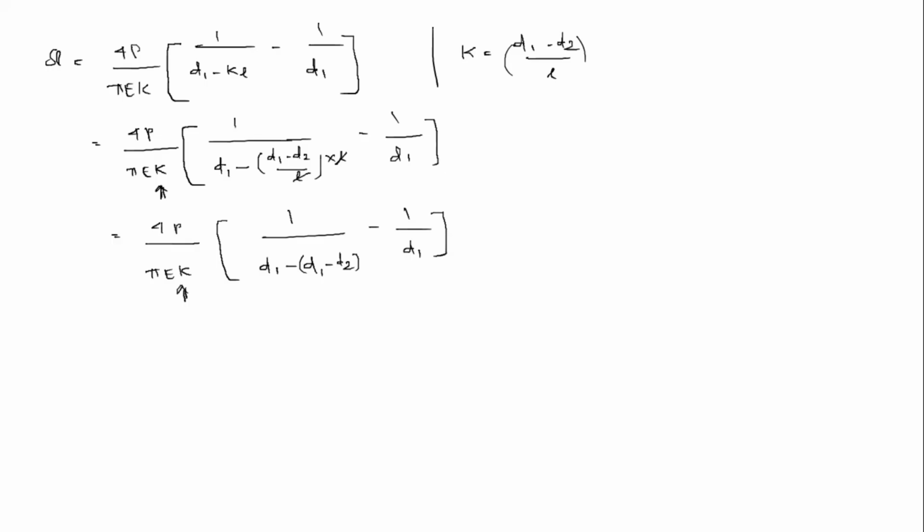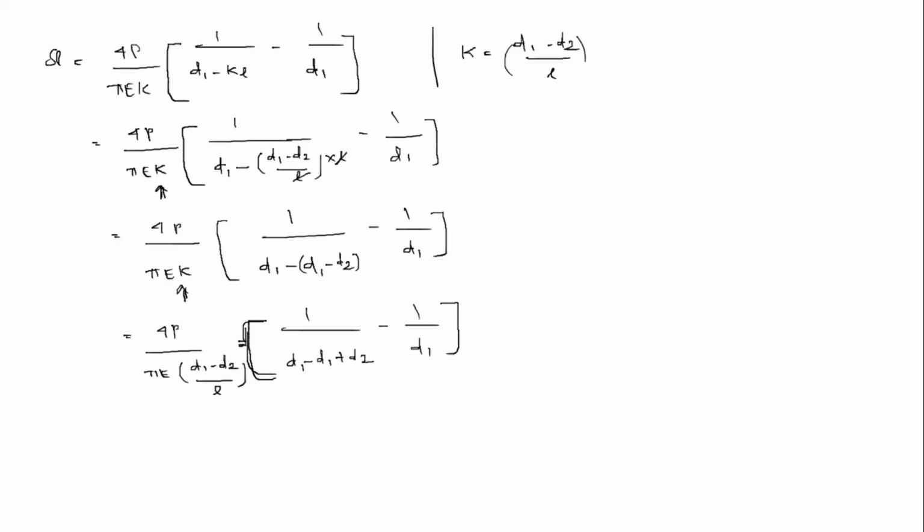We have to apply the k value here also. So 4P divided by pi E into (d1 minus d2) divided by L into 1 divided by (d1 minus d1 plus d2) minus 1 by d1.